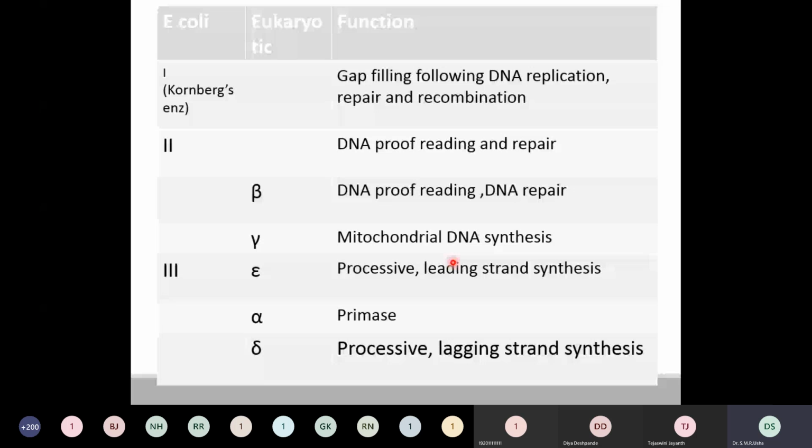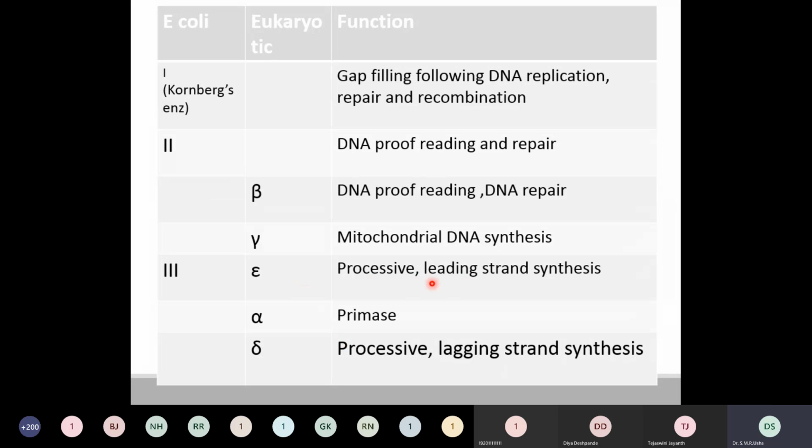Now we have 5 types of eukaryotic DNA polymerases. Alpha serves as a primase, that is synthesis of primer. Beta is used for proofreading and DNA repair. Gamma for mitochondrial DNA synthesis. Delta for lagging strand synthesis, a new term.